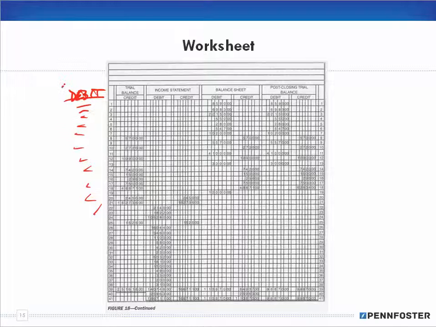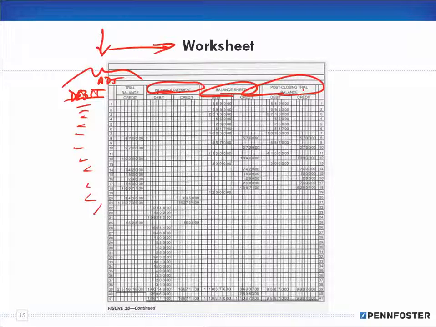And once the accountant is absolutely sure that what's in the computer system, or what's on the books, matches what's on this worksheet in the adjusted trial balance column, from these figures he can create the income statement, the balance sheet, and the post-closing trial balance.